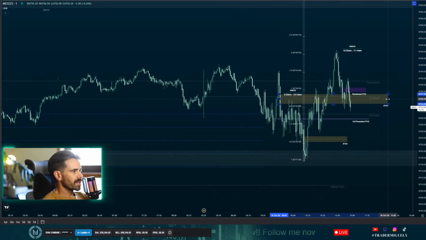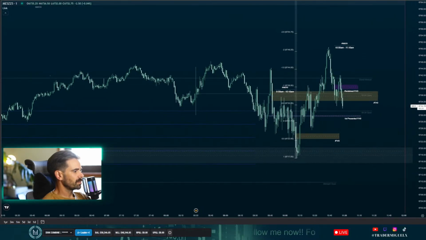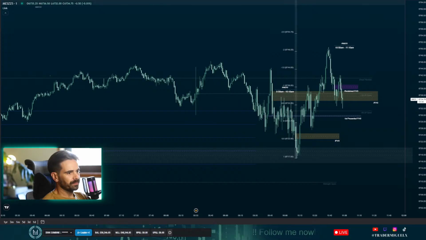So yeah, it seems like we want to reclaim the bearishness here as well. On the 15 minutes, seems like we want to engulf the last green candle.